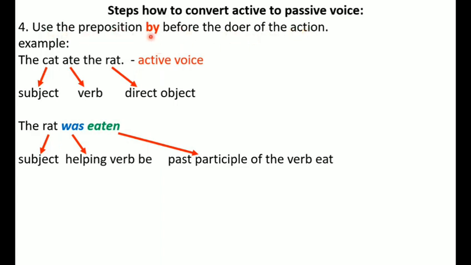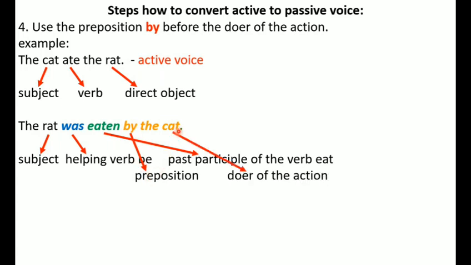The rat was eaten by the cat. Cat is our doer of the action. Okay. By is our preposition. Cat is our doer of the action. Now, we have a passive voice converted from the original active voice sentence, the cat ate the rat.